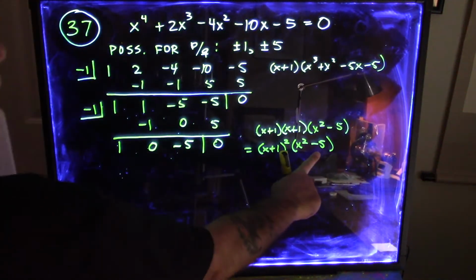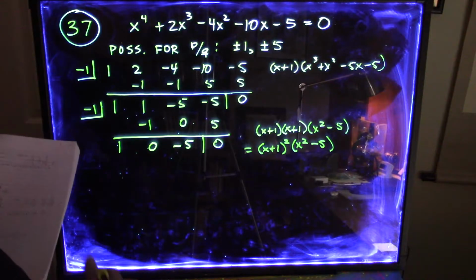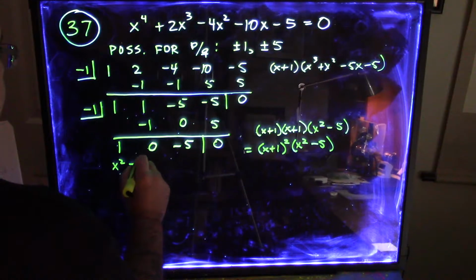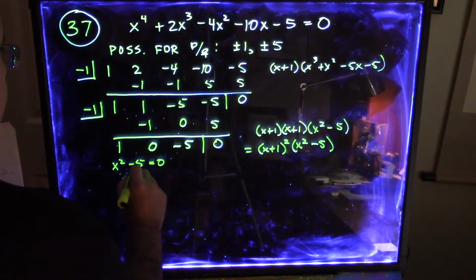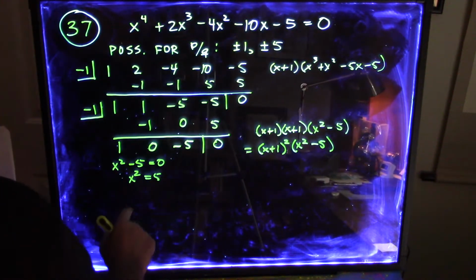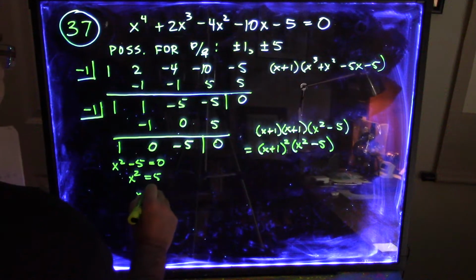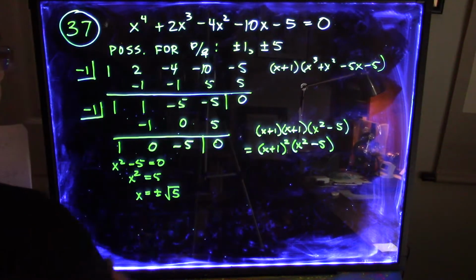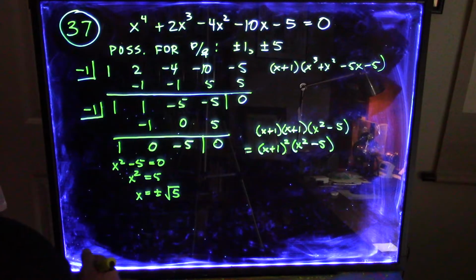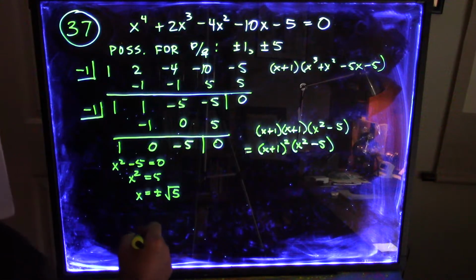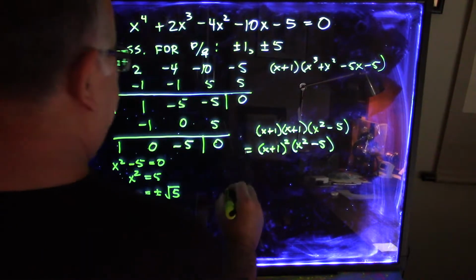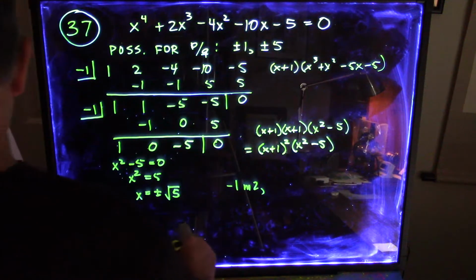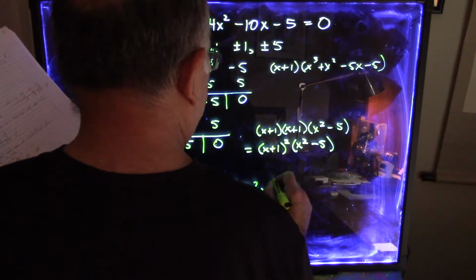Now you can set this factor here equal to 0 and solve for x. Taking the square root of both sides, you get x equals plus or minus square root of 5. Okay. So the roots are negative 1 with multiplicity 2, and the square root of 5 and negative square root of 5.